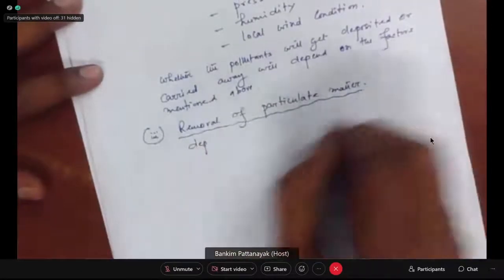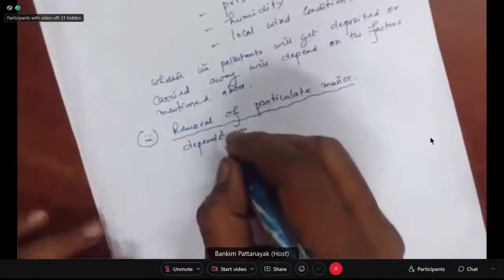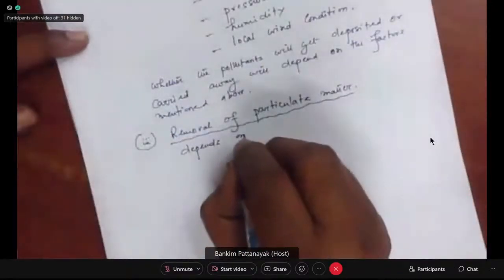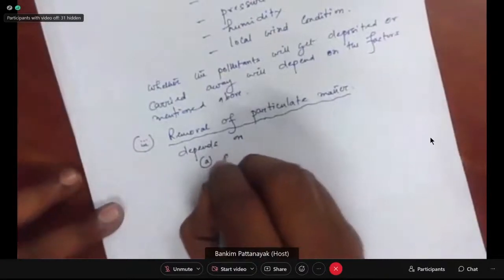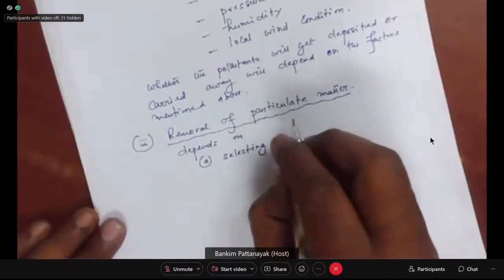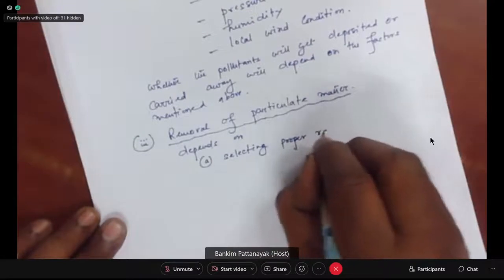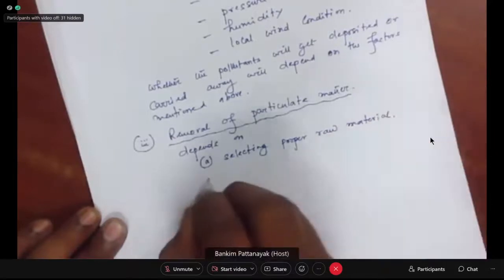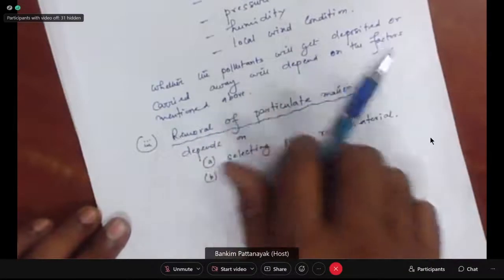Removal of particulate matter depends on selecting proper raw material.